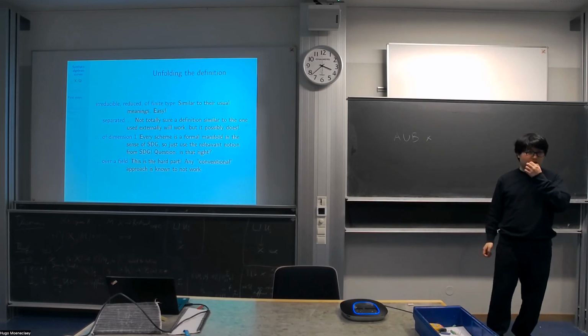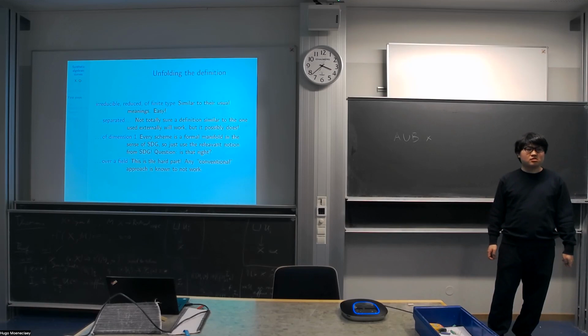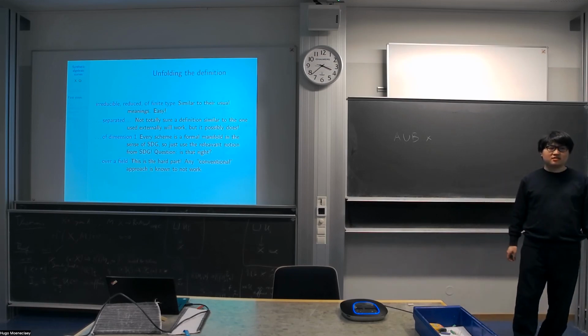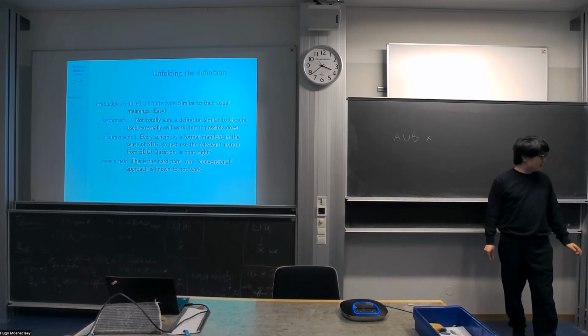And this is just an example that irreducibility is not stable under base change. And I mean, in our topos models, things should. I mean, we implicitly base change all the time.